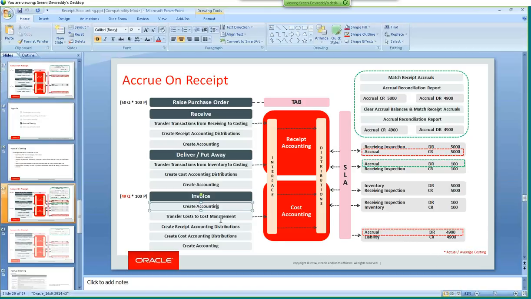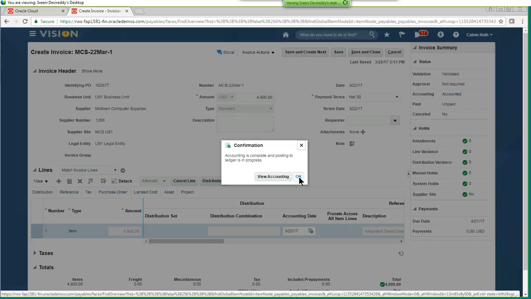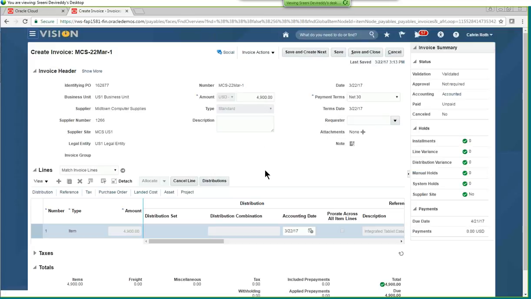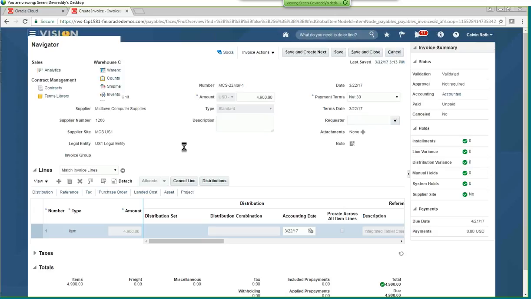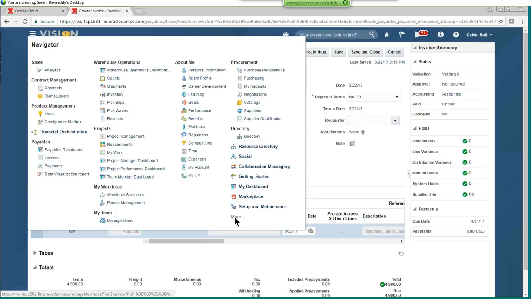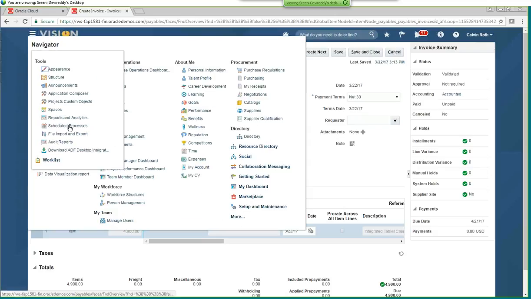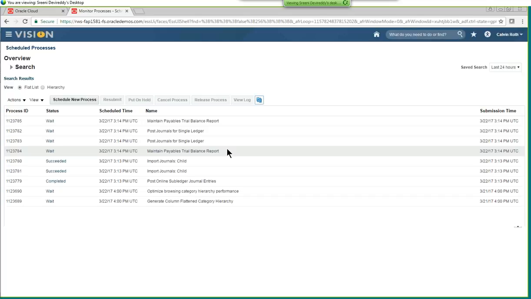To send the information back, I need to run this program called transfer cost to cost management. Okay. So I'll wait until this job is done. I'll wait until the accounting program is done, and then I will do the transfer cost to cost management.